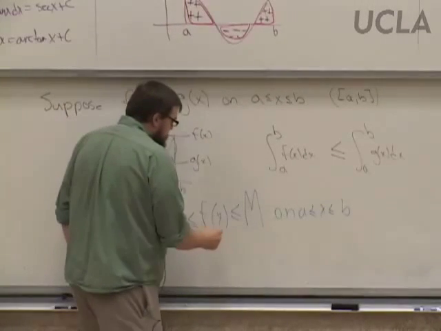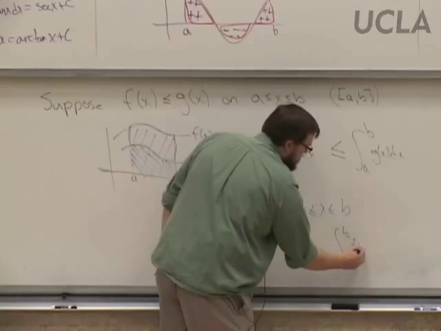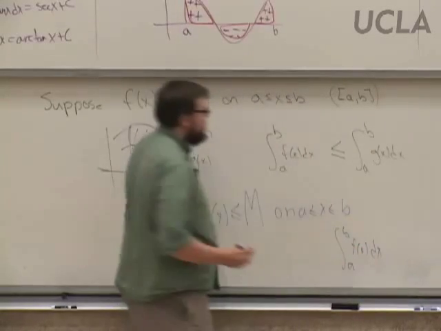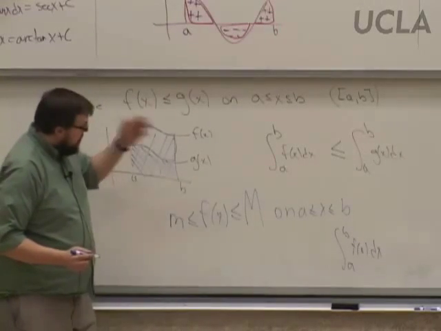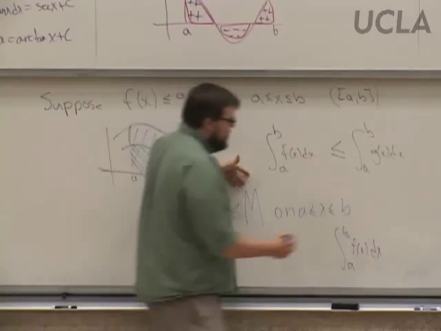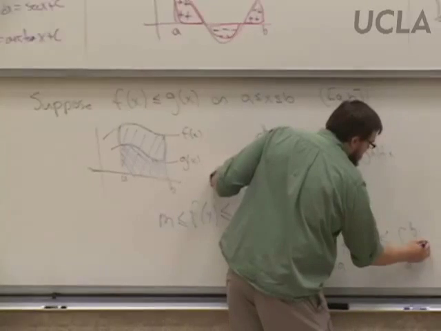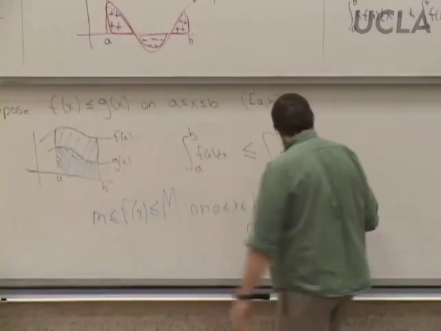Then if I look at the integral from a to b of f of x dx, I can just apply this on both sides. In this case, f of x is less than or equal to M, so this is less than or equal to the integral from a to b of capital M. But what's this integral going to be?